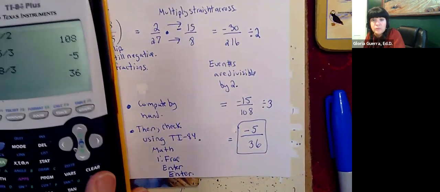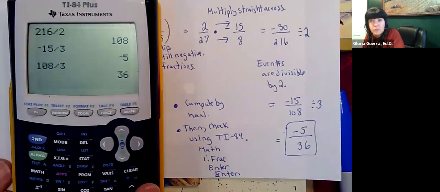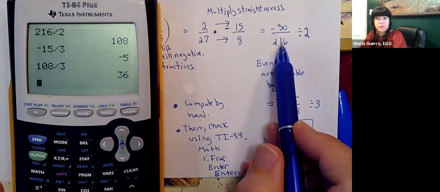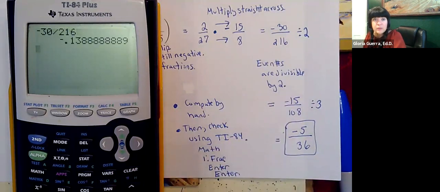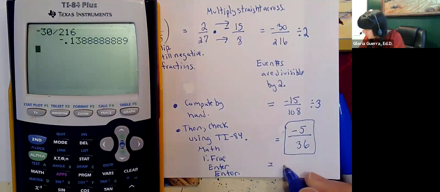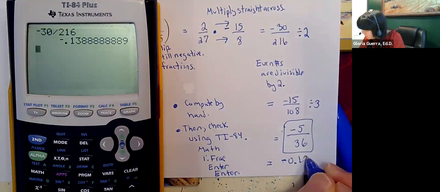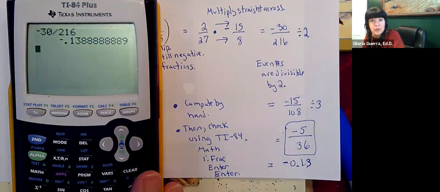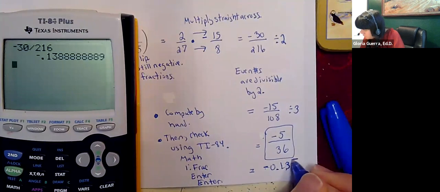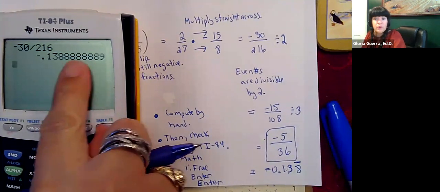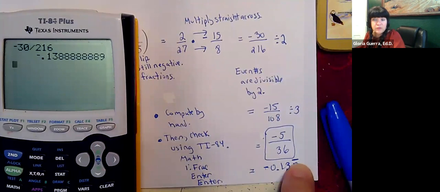So if I check this, I can go all the way back up to the negative 30 divided by 216. See that decimal? This is actually equal to negative 0.13 with a bar over the 8. See all those repeating 8s? The bar is only over the 8.